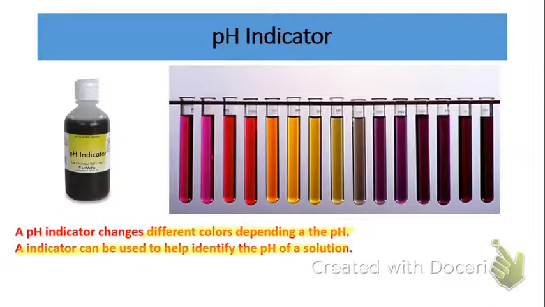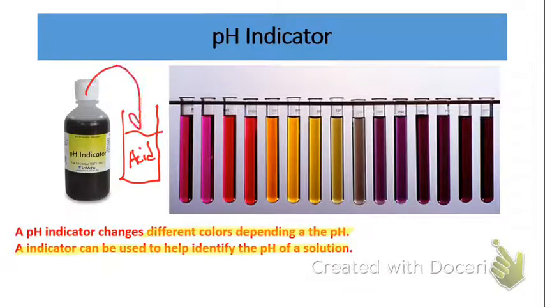Now, there are different ways in which we do this. We can take, for instance, say a test tube here, and we put an acid in it, and we don't know necessarily what the pH of that acid is, so we add a little bit of liquid indicator into the test tube, and that liquid indicator will then change color based on the pH of that acid.